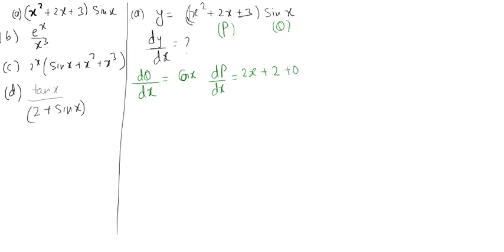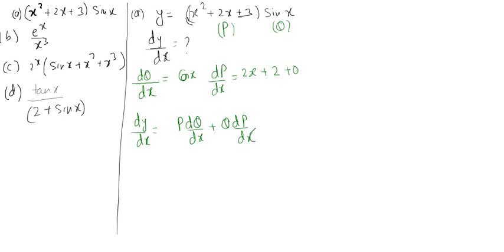So dp by dx is 2x plus 2. Okay, so dy by dx can be written as p into dq by dx plus q into dp by dx.